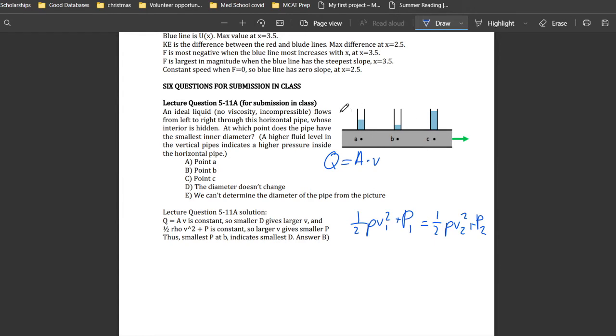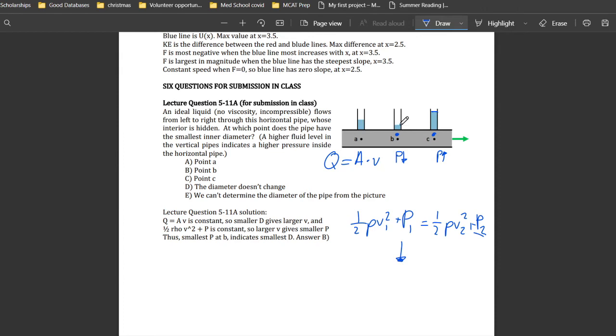So let's compare point C to point B. If the pressure is higher here at point C compared to point B, that must mean, according to this equation, for these units to be equal to one another, this other term must be lower, right?